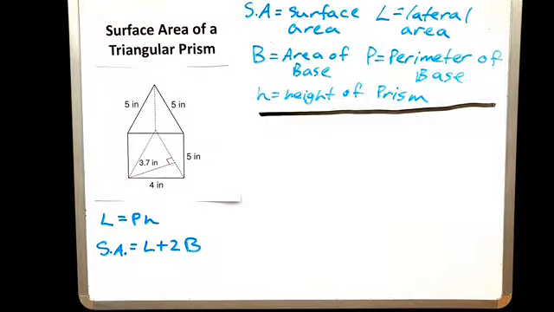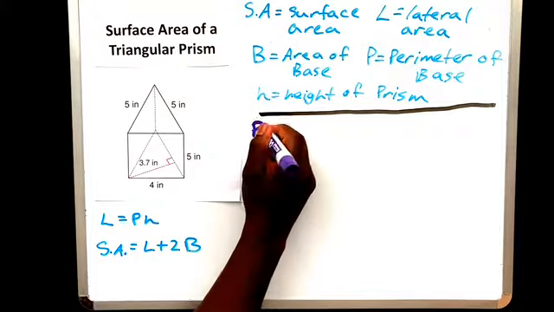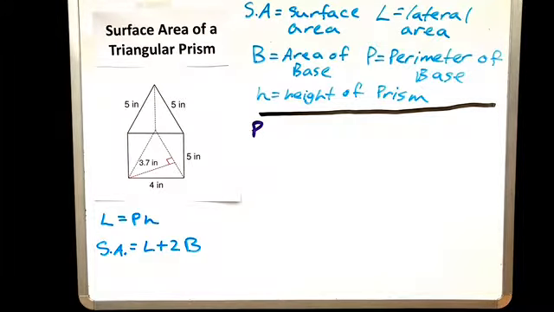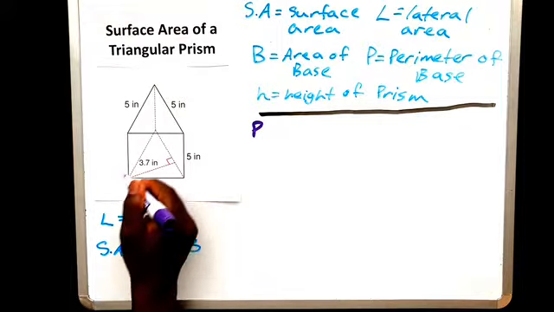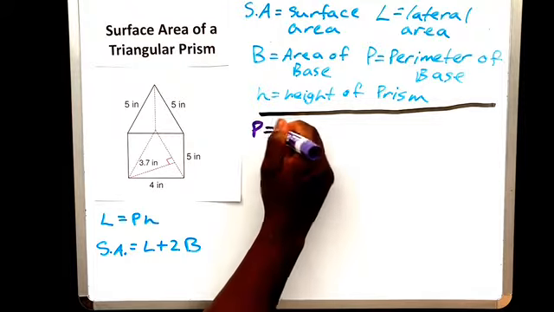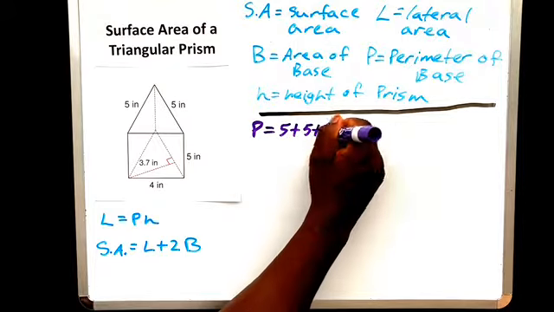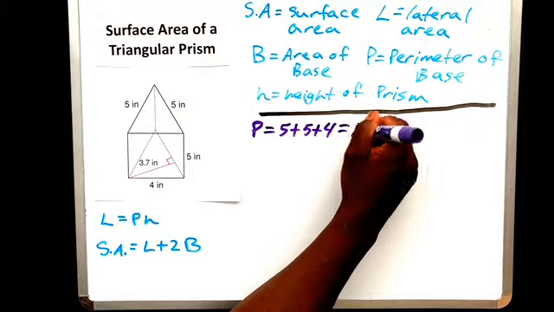The first thing I want to do is identify all the variables that we see listed at the top. We know that the perimeter of the base, which is right here, is equal to 5 plus 5 plus 4, which equals 14.